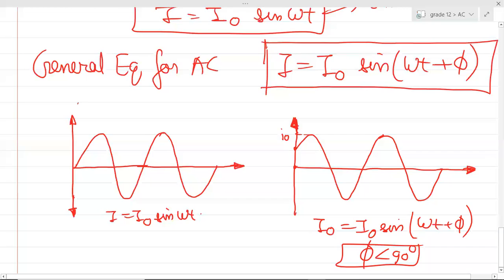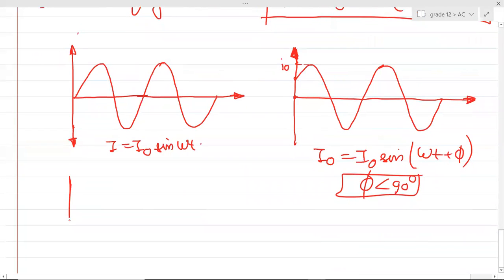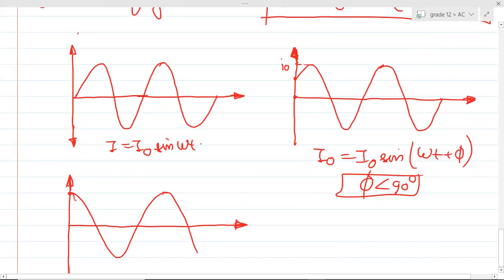And if it is in the form of cos omega t, the graph doesn't start from the mean position, it starts from the extreme. So this is T by 2, this is T, this is 3T by 2, this is 2T.